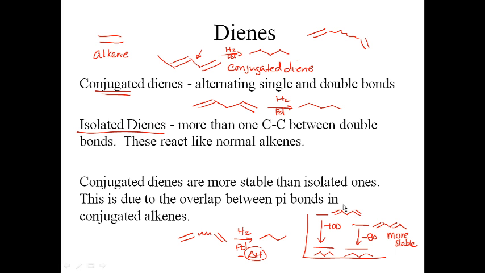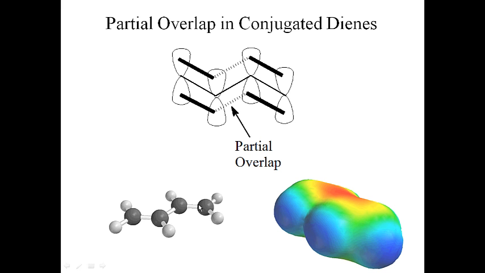And so they would say, well, why is that the case? And it has to do with what's called the overlap between the pi bonds in the conjugated system. So here's a conjugated system. First of all, this is the conjugated system for CH2 double bonded to CH with a single bond to CH and then double bonded to CH2.